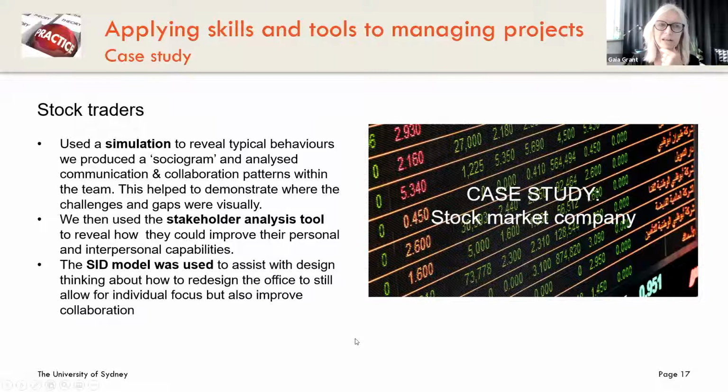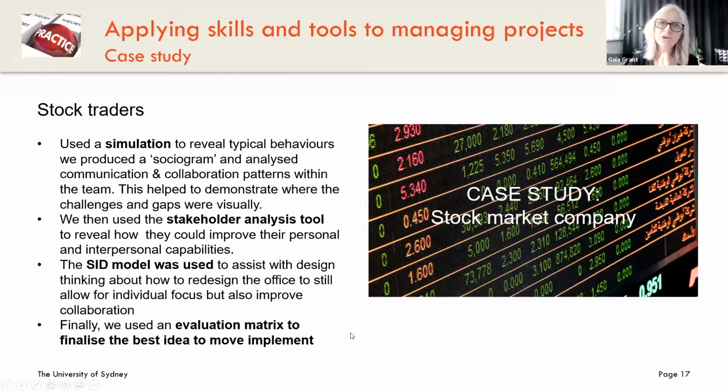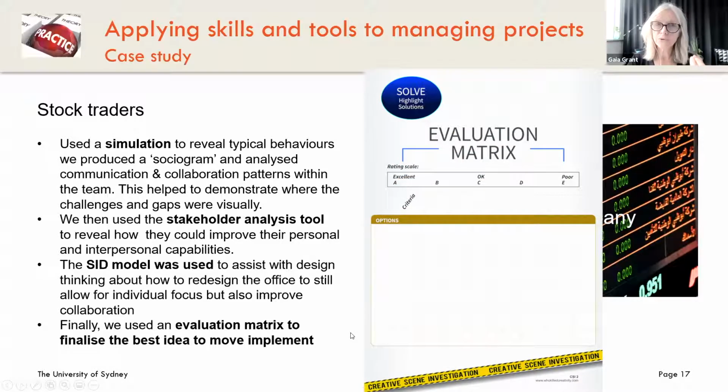The final stage was using an evaluation matrix to help us. Once we had a few solutions in mind that we thought were good, then this evaluation matrix helped us to narrow down, to prioritize, and to make decisions about the best solutions going forward. So that was really that culling process, that analysing process to say, well, this is what will work in effect.